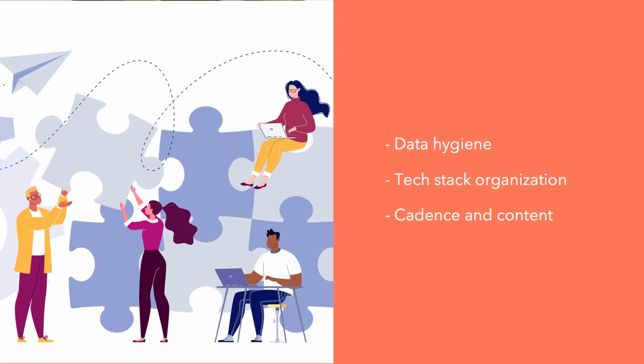Marketing automation and AI can be leveraged in creating exceptional experiences for your customers, but to use them efficiently and effectively requires your internal processes to be integrated well into your customer-facing processes. If you prioritize your data hygiene, engage with data privacy responsibly, organize your tech stack, and develop an internal strategy for your cadence and content, you'll be on your way to delighting your customers.